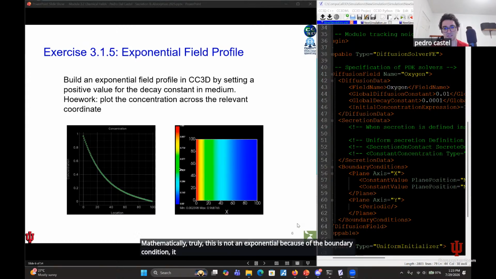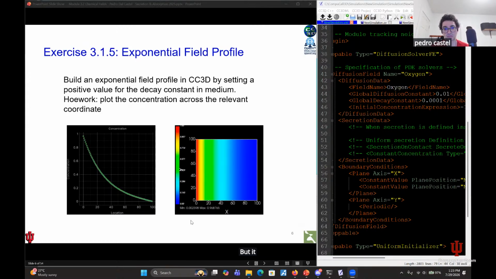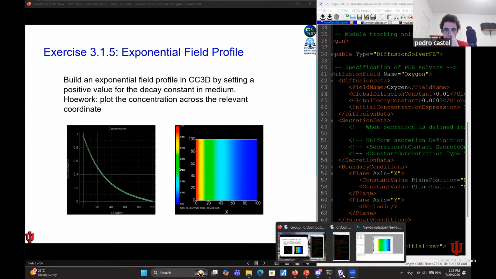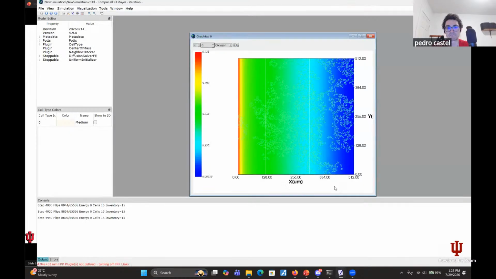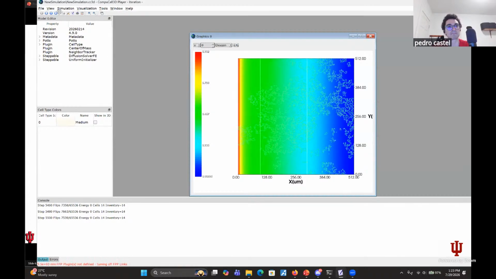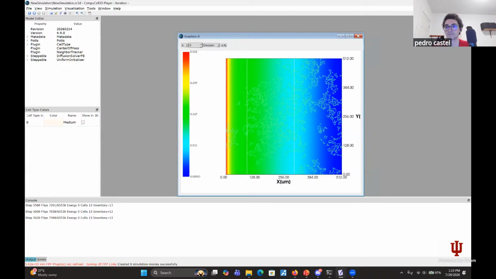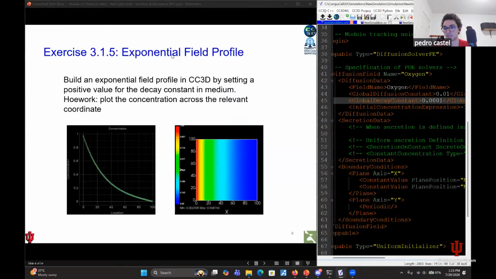It's something else, but it has a shape that is similar to an exponential. Right? So I think now we are good to go. Let me know in the chat if you need more time.